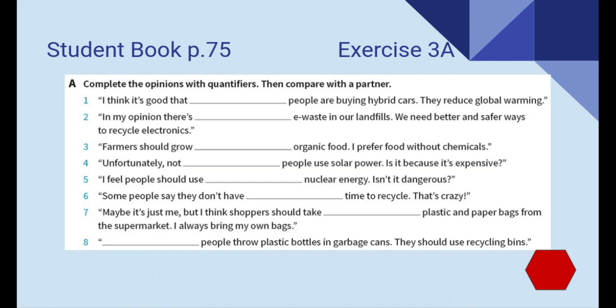Let's do the first one together. I think it is good that people are buying hybrid cars. They reduce global warming. Yes, it's good that more people are buying hybrid cars. Okay, guys, pause the video while you work on this, please. Excellent. We're going to check this exercise in Zoom as well.